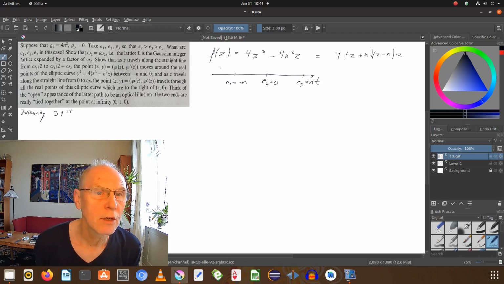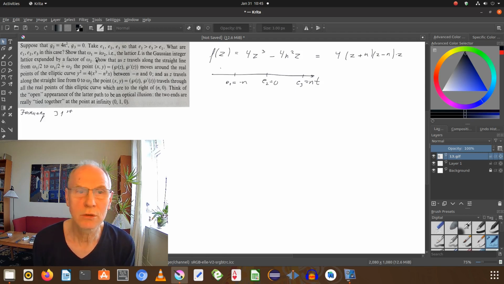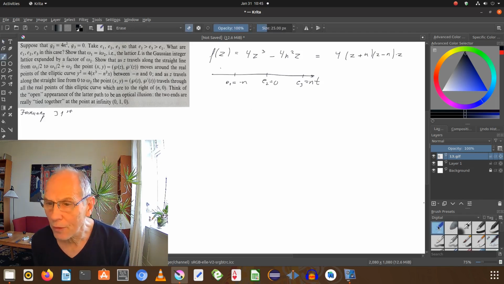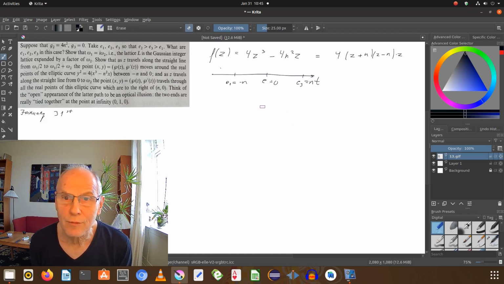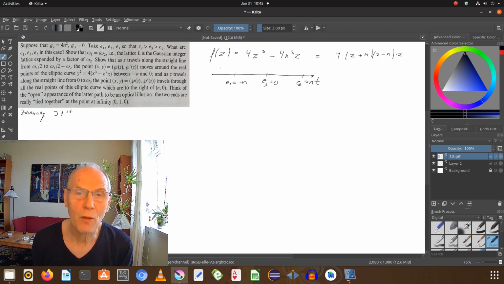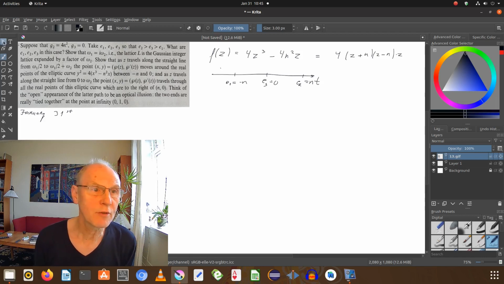All right. Show that omega 1 is i times omega 2. That's easy because it's given by the integrals here.